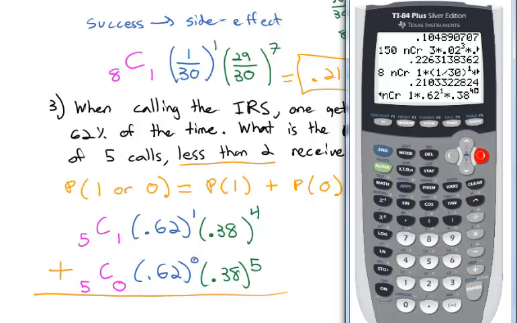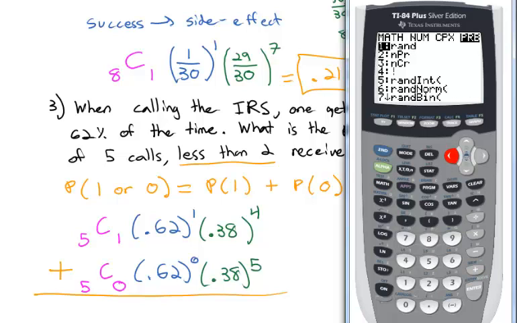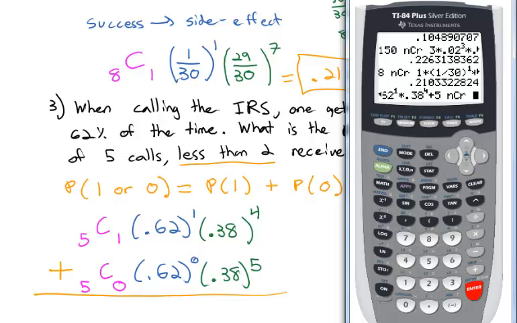And we are going to, getting out of the exponent, add the other combination. 5, math, choose 0 times 0.62 to the 0 power times 0.38 to the 5th power.